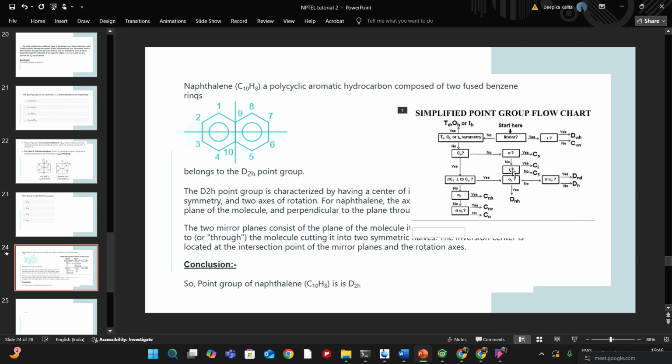Because if we start from the flow chart, you can see that the molecule is not linear and it is also not tetrahedral, octahedral or icosahedral.